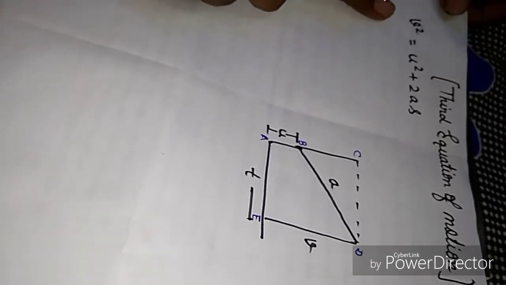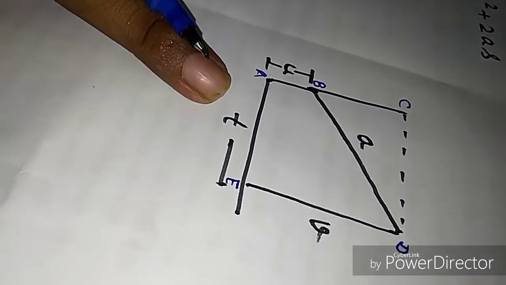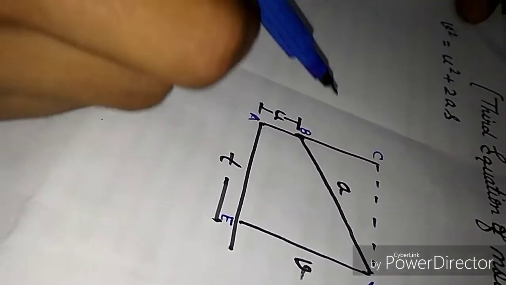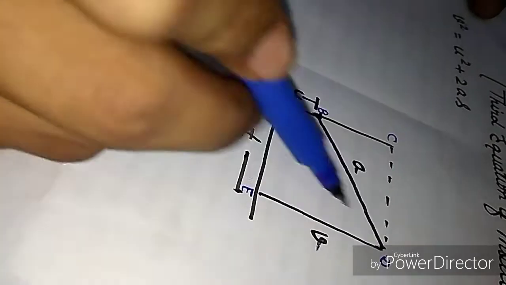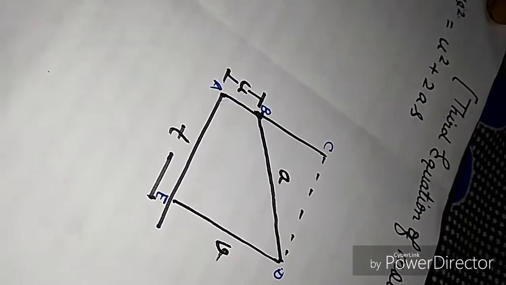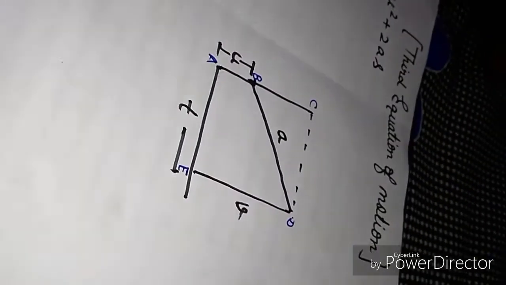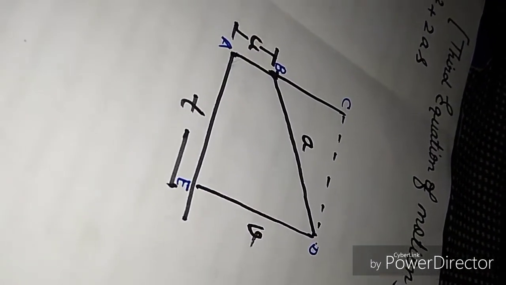Now we will discuss the proof of the third equation of motion, which is v square is equal to u square plus 2as, and the graph is just similar to the first and the second equations. ABDE is a trapezium. In the second equation of motion, we said that the distance travelled by the body is equal to the area of the figure.